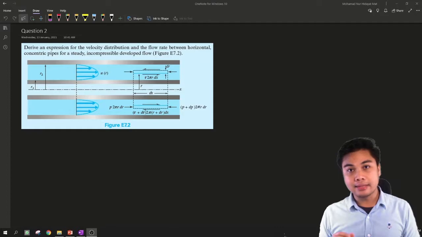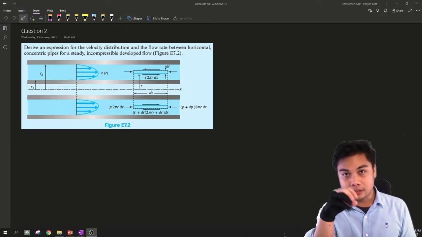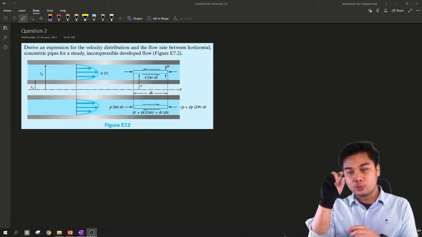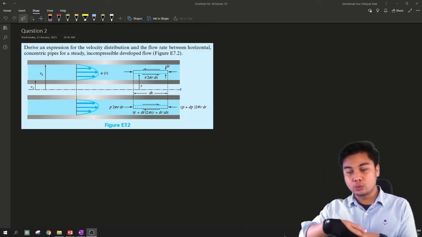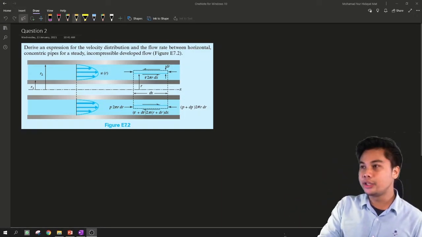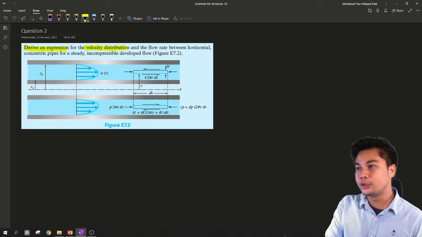Remember that in the elemental approach, we take out a small portion of the particle or element, and we solve it, we integrate it in order to get the whole solution. So first we need to analyze the question: derive the expression, velocity distribution, and flow rate.